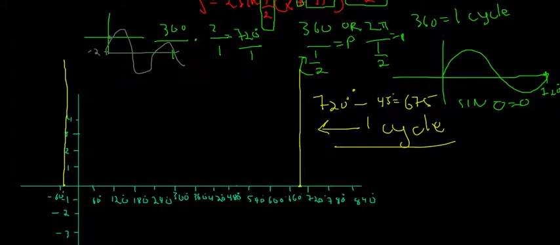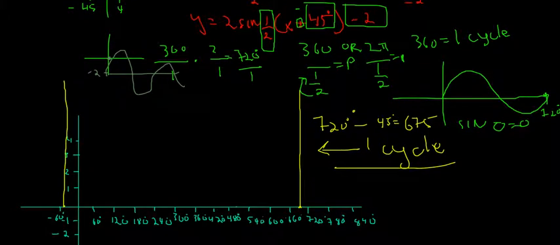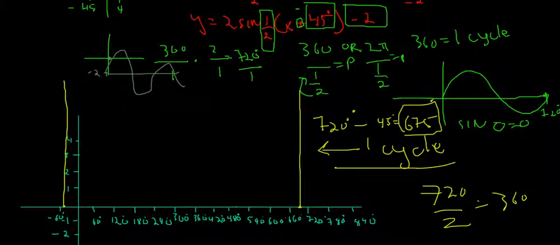right? And what's the midpoint between these two? So what you do is, in 720, you divide by 2, that was 360, right? But we're dealing here with 675. We have 675 degrees, that's our period in the graph, right?